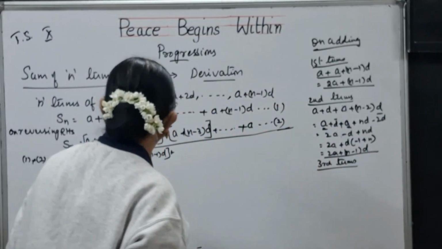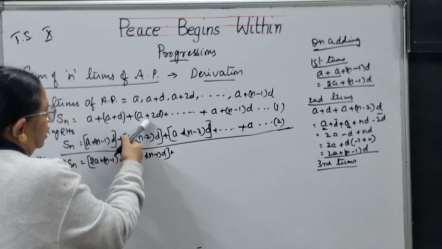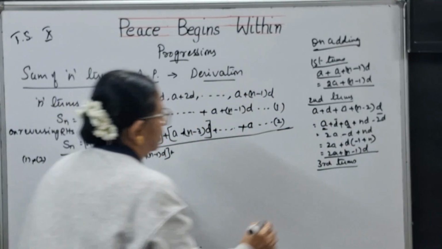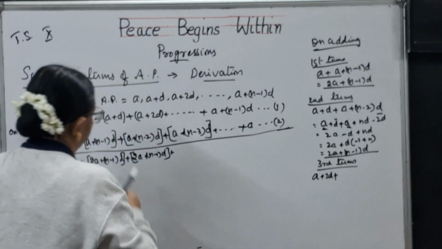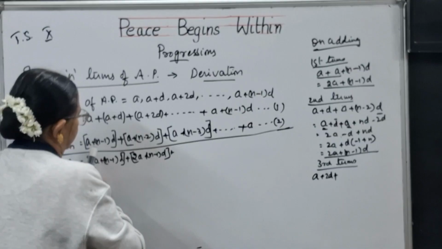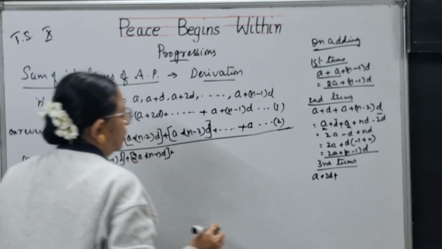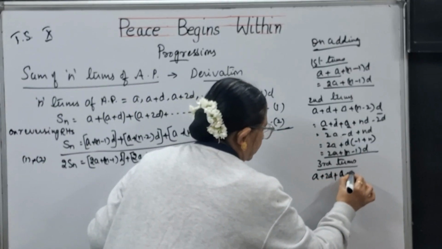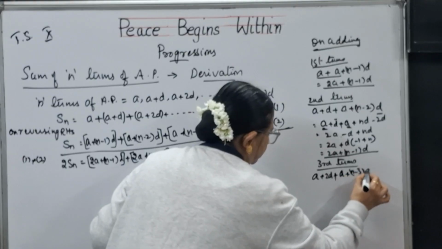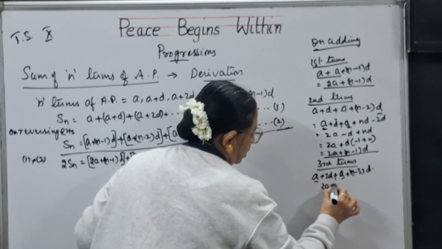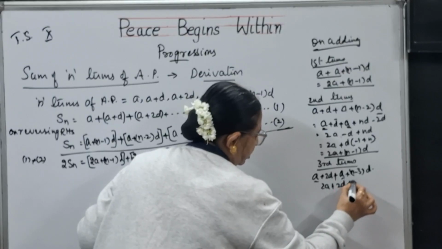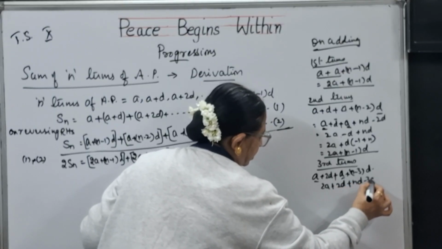What are the third terms? First, second, third: a plus 2d, plus the third term a plus n minus 3 into d. That means a and a, 2a plus 2d plus nd minus 3d.